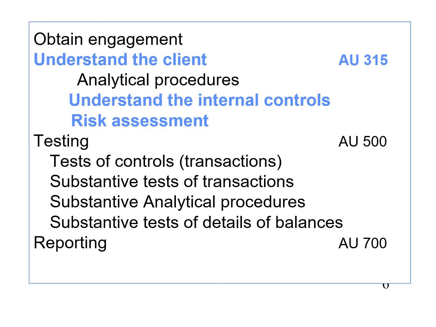Then we need to perform tests and obtain evidence, and that's 500. Tests of controls and substantive tests of transactions, analytical procedures, and tests of details of account balances are tests that we perform to obtain evidence to satisfy 500. And then when we're all done, we issue the audit report.